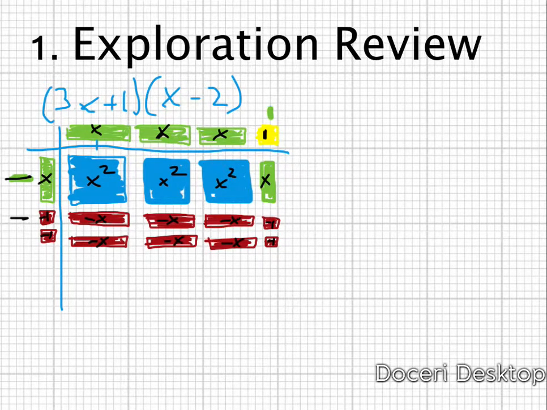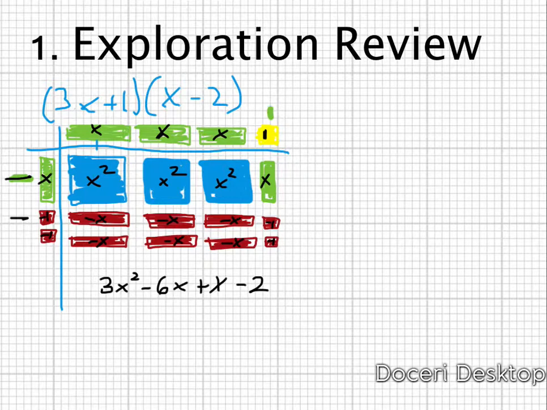So now I just have to write down all the like terms. So I have 3x squareds. I have 6 negative x's, so that's a minus 6x. I have 1 positive x. And I have 2 negative 1 squares, so that gives me negative 2.